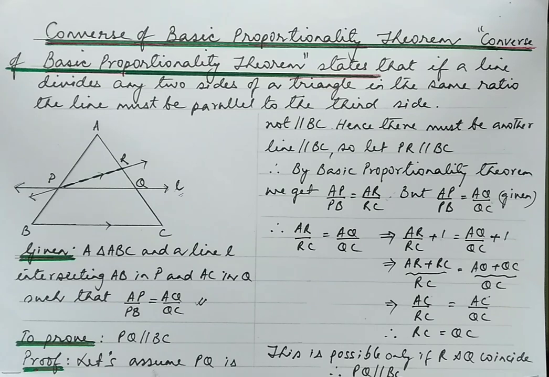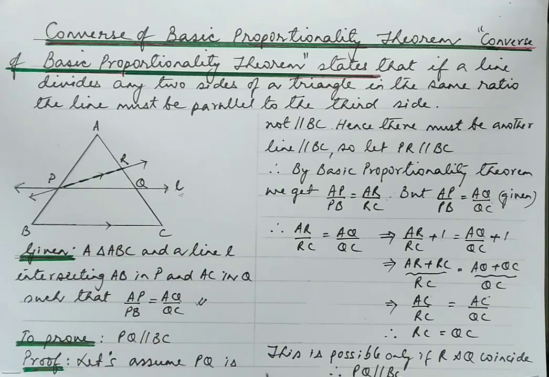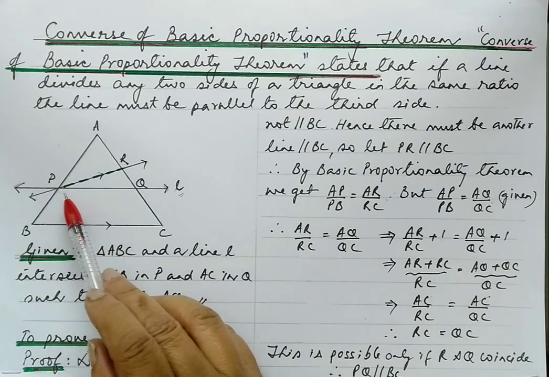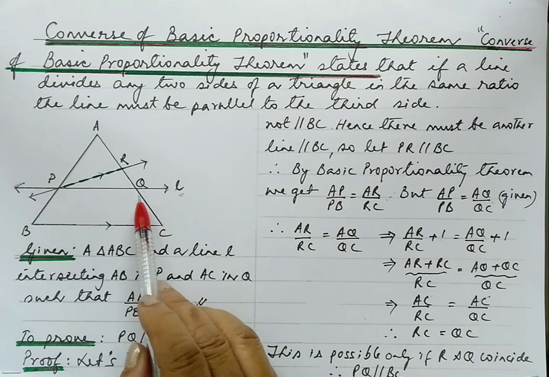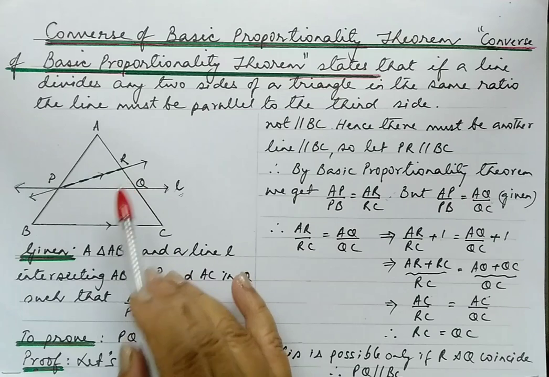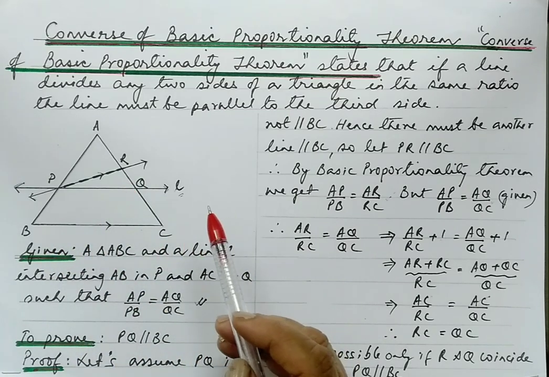How do we prove that PQ is parallel to BC? We can't directly say it. So we try to rationalize: if PQ is not parallel to BC, there must be some other line that is parallel to BC, isn't it? So that is a possibility.